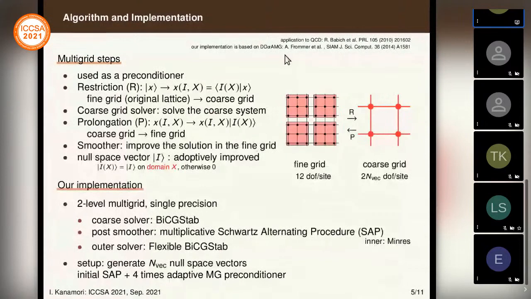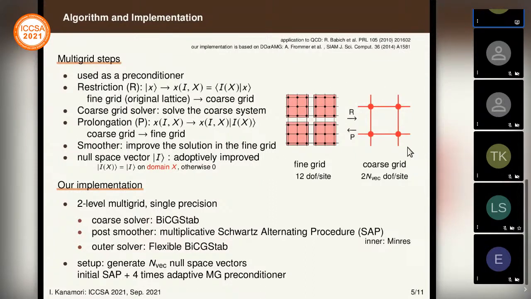And this is the sketch of the multi-grid solver. Multi-grid solver itself is not very new, but the application to QCD is, I would say, rather new. We start from this original fine grid lattice, and by preparing a suitable basis that we call null space vectors, we can restrict this fine grid system to a coarse grid system.